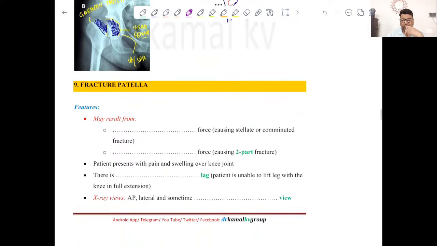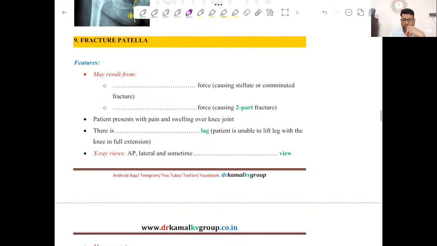Then coming to fracture of patella, there are 2 mechanisms in which the fracture can occur. Sometimes there is a direct force, right? So there is a direct hit over the patella, which can be seen in road traffic accidents, and there is either a stellate, that is star shaped fracture, or there can be a comminuted fracture.